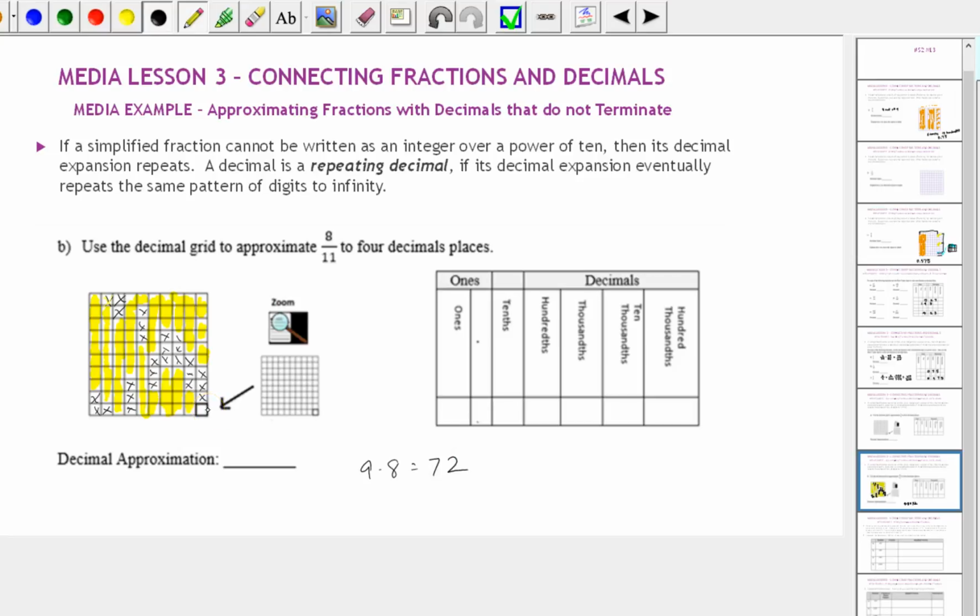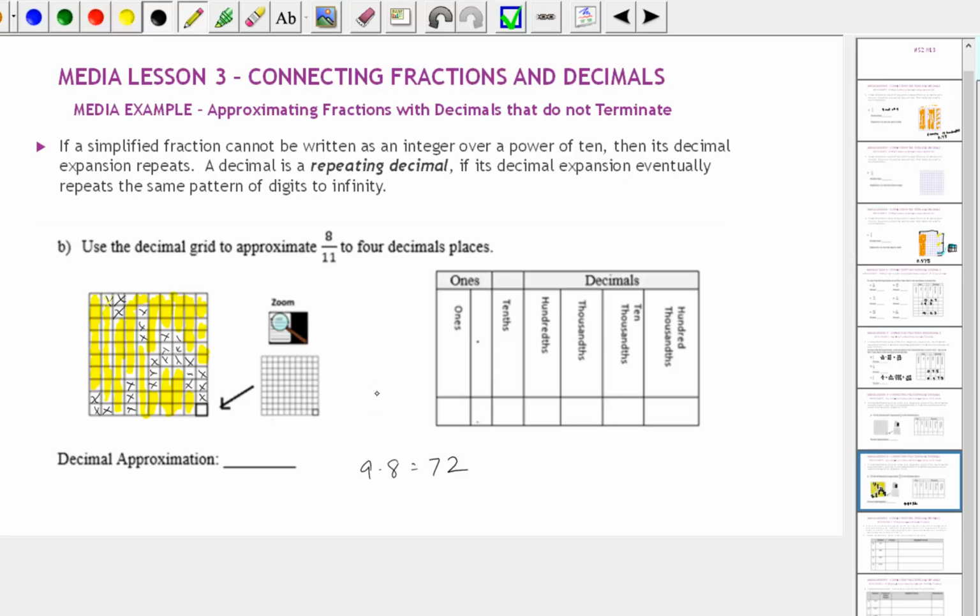It's easier with 1/3 on the previous page, but you need to convince your students. I changed the zoom grid to look exactly like this, but smaller, and they'd follow the same process. They'd shade 8 out of every 11, and they'd get the same exact picture with this one left over, and they could repeat that forever.